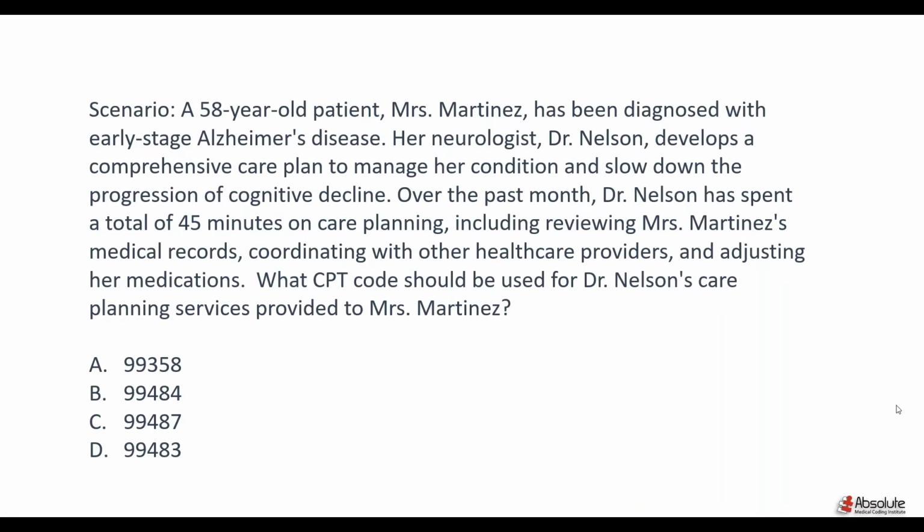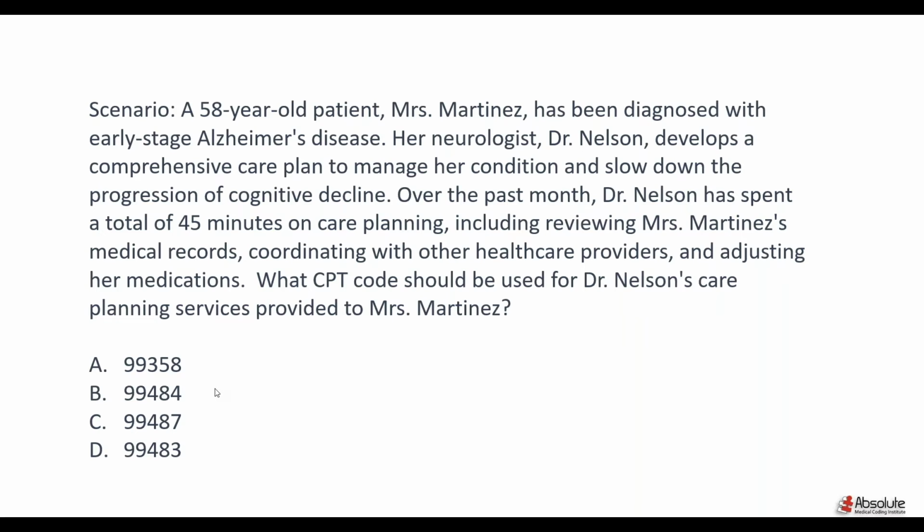Okay, let's start with the answers. A, 99358; B, 99484; C, 99487; D, 99483. A 58-year-old patient, Mrs. Martinez, has been diagnosed with early-stage Alzheimer's disease. Her neurologist, Dr. Nelson, develops a comprehensive care plan to manage her condition and slow down the progression of cognitive decline.